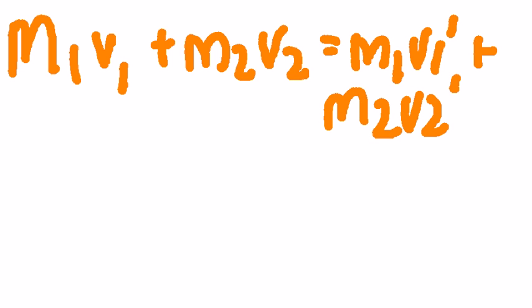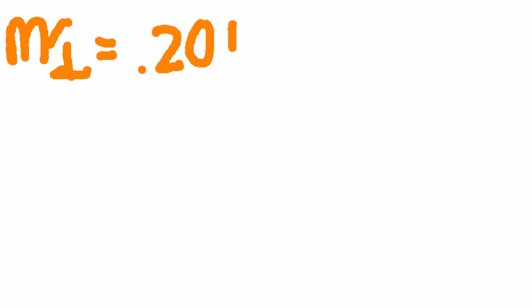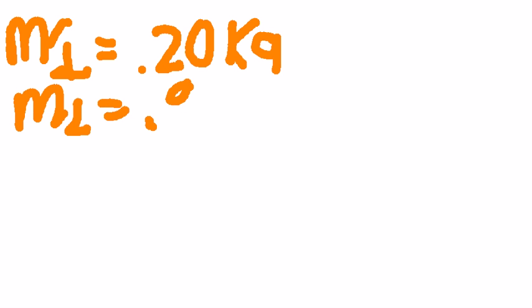Okay, since we're using that equation, we're going to fill in the parts. So we find that m1 is going to be equal to the mass of the football, which is 0.20 kilograms. Mass 2 is going to be equal to 0.80 kilograms, which is the mass of the antique vase.